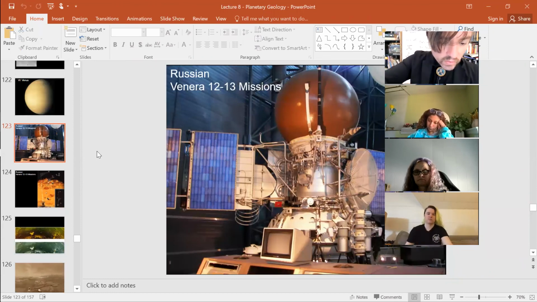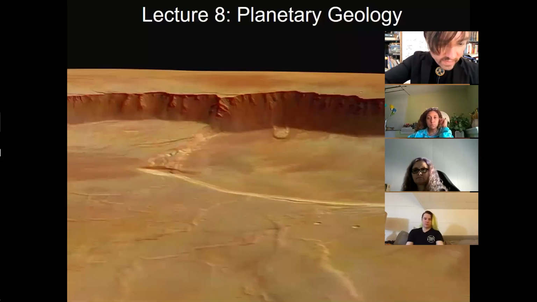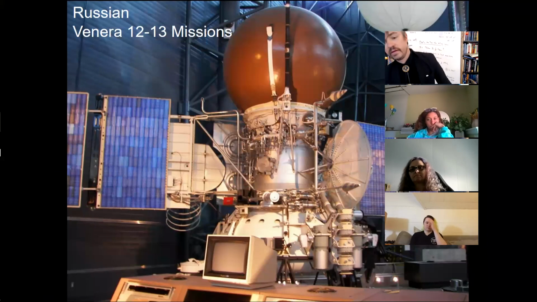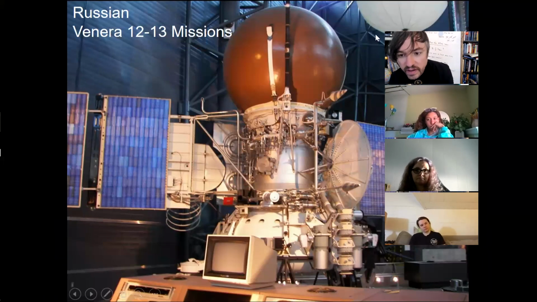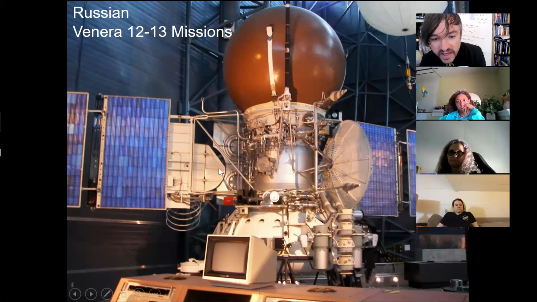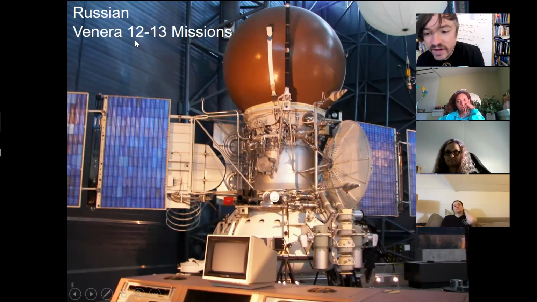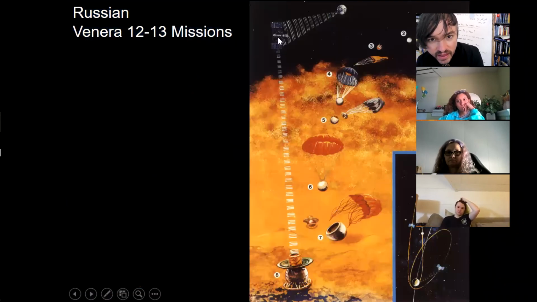I told you that the only times we ever landed on the surface of Venus is when the Soviet Union Space Agency basically crashed 11 of their satellites into the cloud tops of Venus before they figured out how to engineer it right. They sent that spacecraft to Venus and descended with this space capsule down to the surface.